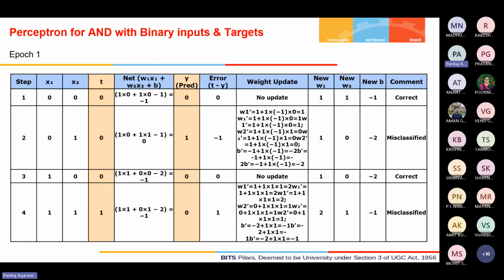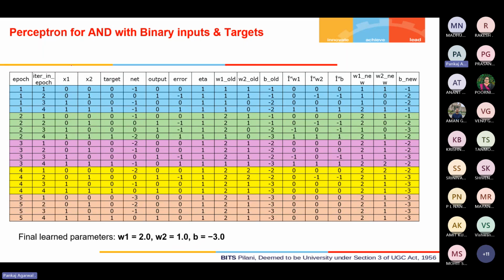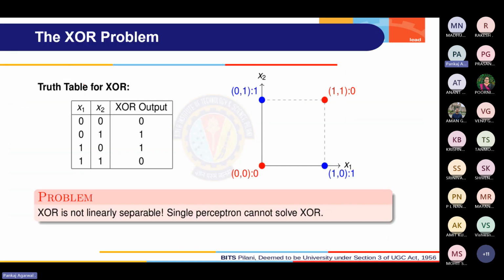We talked about AND gate also, a similar thought process. And then we ended our session by talking about why a single perceptron would not be able to solve an XOR problem, because these were the two contradictory statements that it has, and this is the exact output that is required in the XOR function.